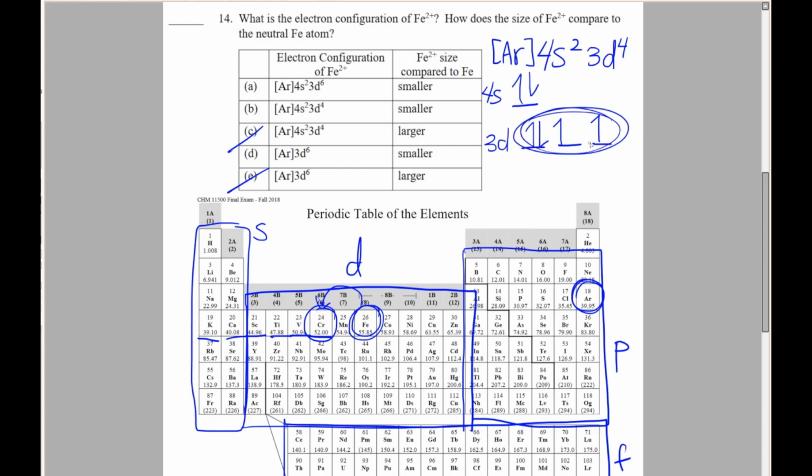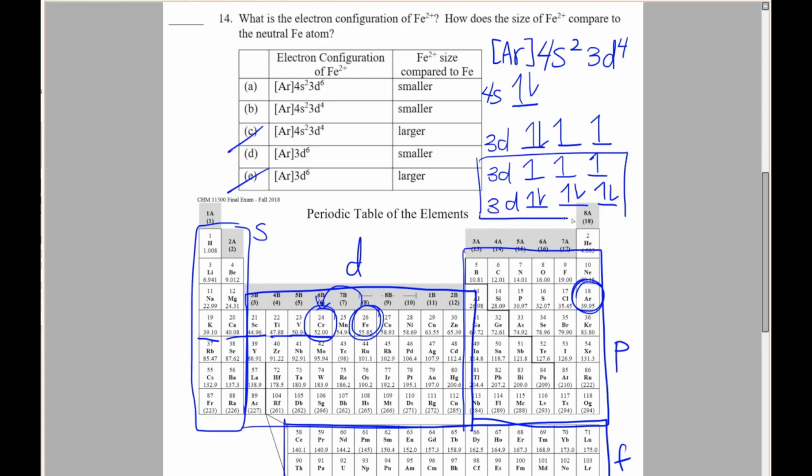However, this is kind of unstable because the most stable configurations will either have 3d where they all only have 1 electron, or it's going to be a totally full 3d orbital like this, or basically all orbitals are full. So these 2 are going to be kind of preferable orbital configurations for metals.